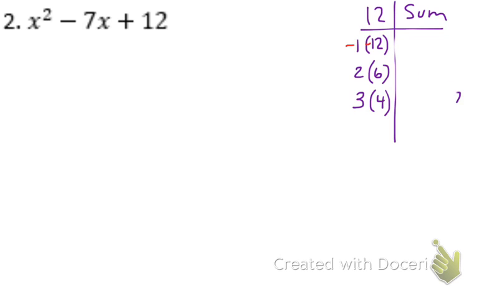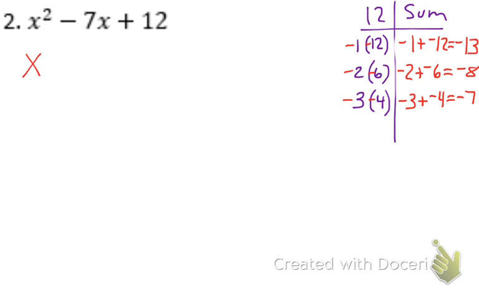Negative 2 times negative 6 is 12, negative 2 plus negative 6 is negative 8. Negative 3 plus negative 4 is negative 7. So the pair that adds up to negative 7 is negative 3 and negative 4.